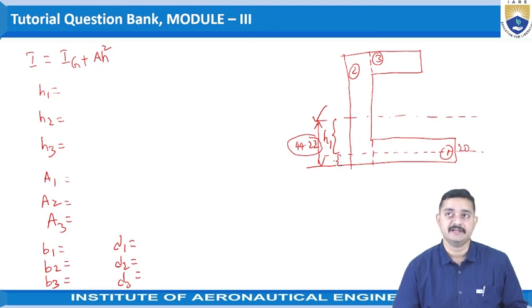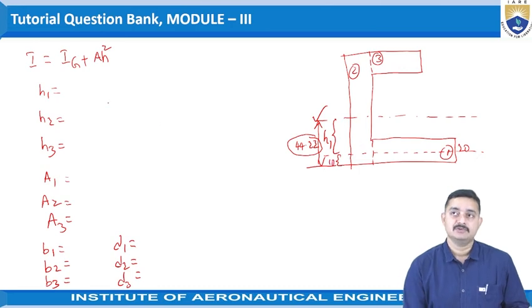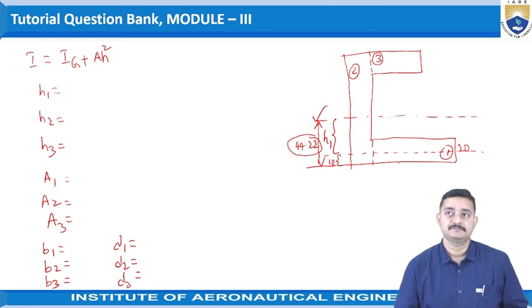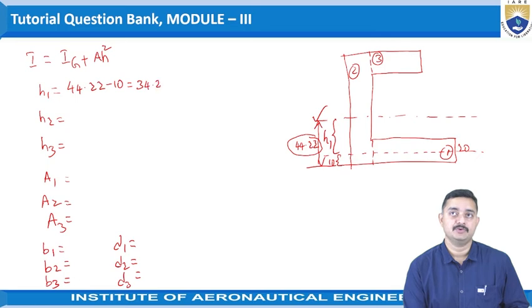That means this would be 10. So that distance would be 44.22 minus 10, and that will give 34.22 mm.